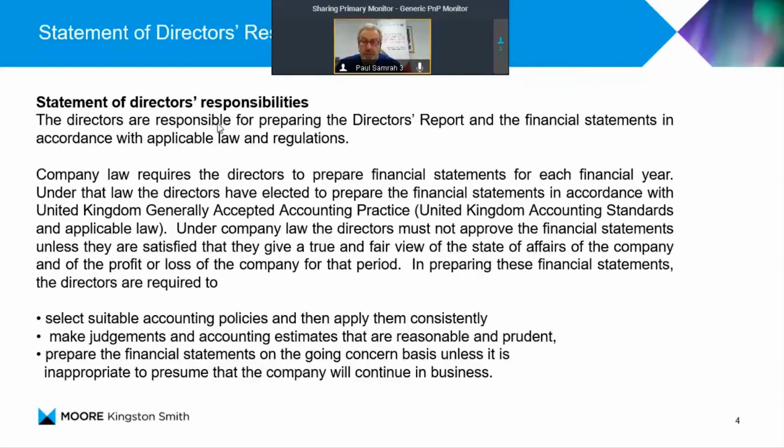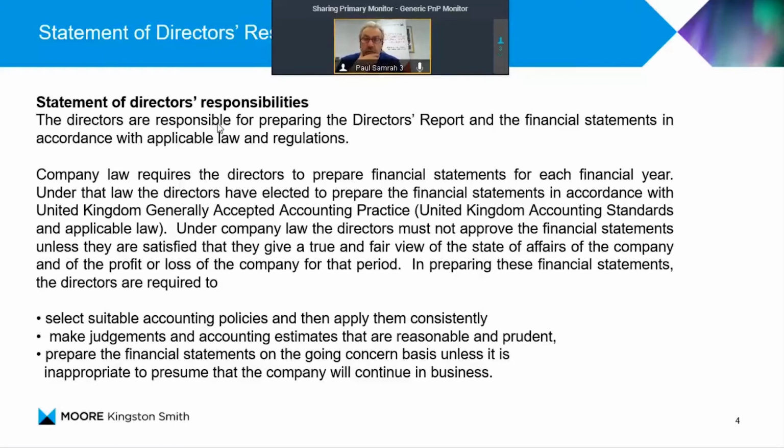So you must prepare financial statements on what's called the going concern basis. That means that the company is expected to continue to trade for at least and past the next 12 months, unless there is an appropriate reason to believe that actually the company may not continue as a going concern.